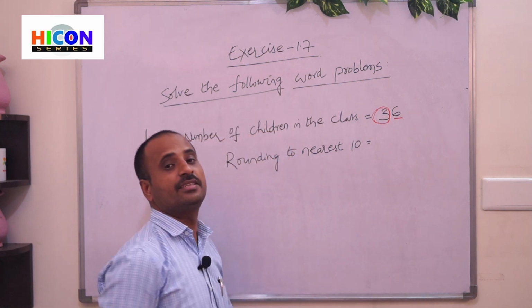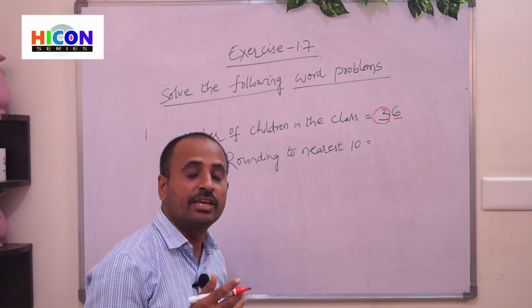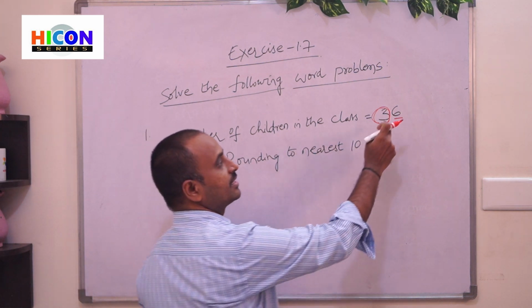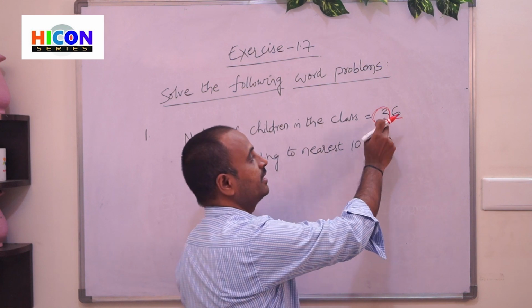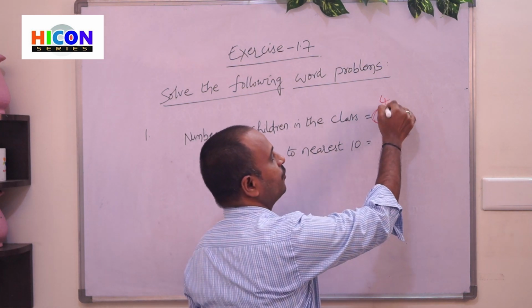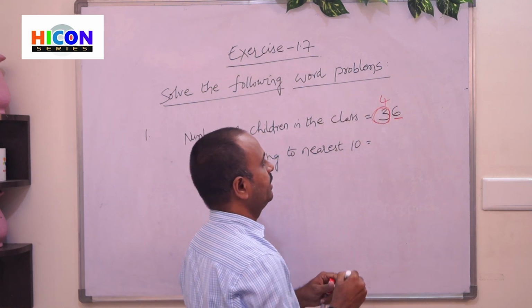If the next digit is greater than 5, then we have to round the given number to the next tens. That means write the next tens. Here 6 is greater than 5, so write the next tens. Here 3 is present in the tens place, so after 3 we get 4, and the number becomes 40.